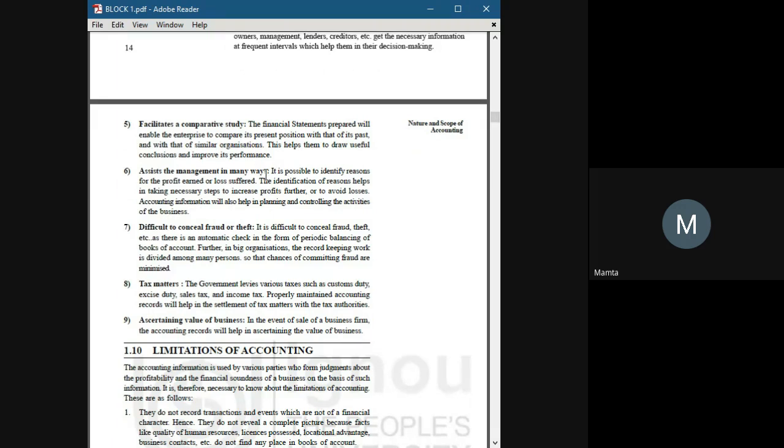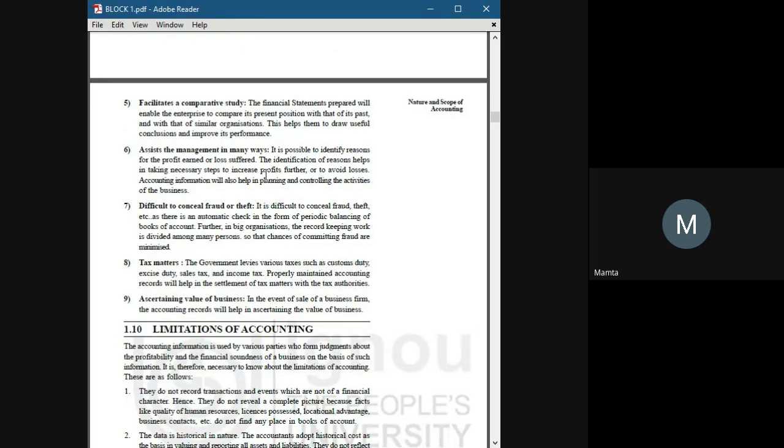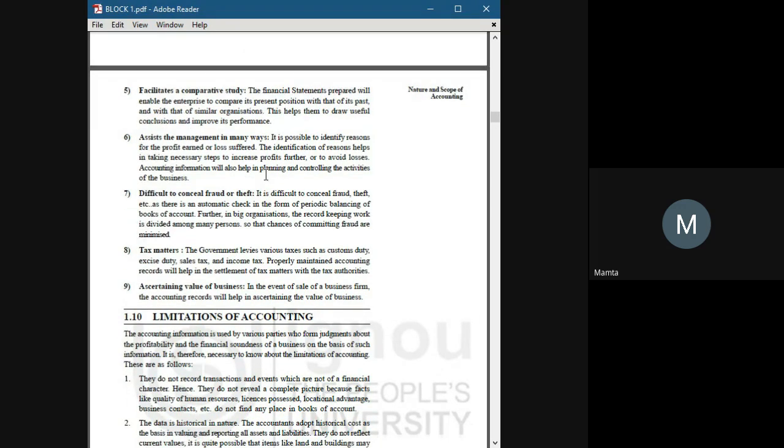The identification of reasons helps in taking necessary steps to increase the profit further or to avoid losses. It is difficult to conceal fraud or theft. We can do an audit to detect any kind of fraud. If our manager or our accountant does any kind of fraud, then we can audit it.